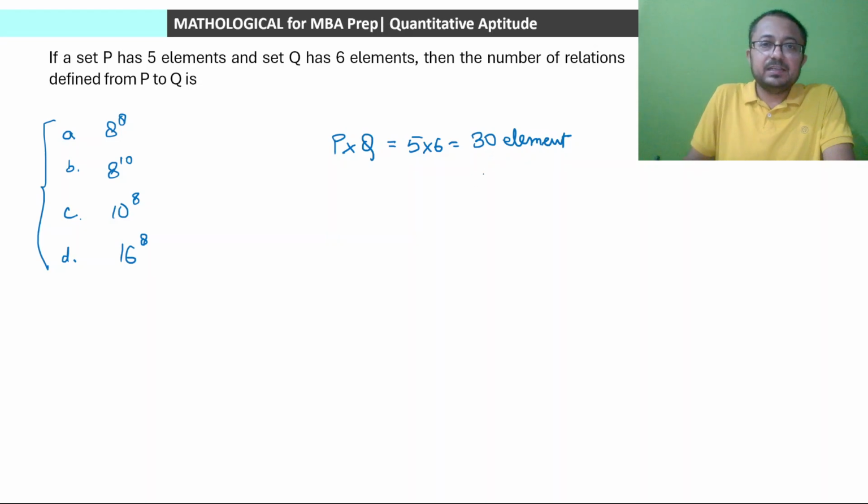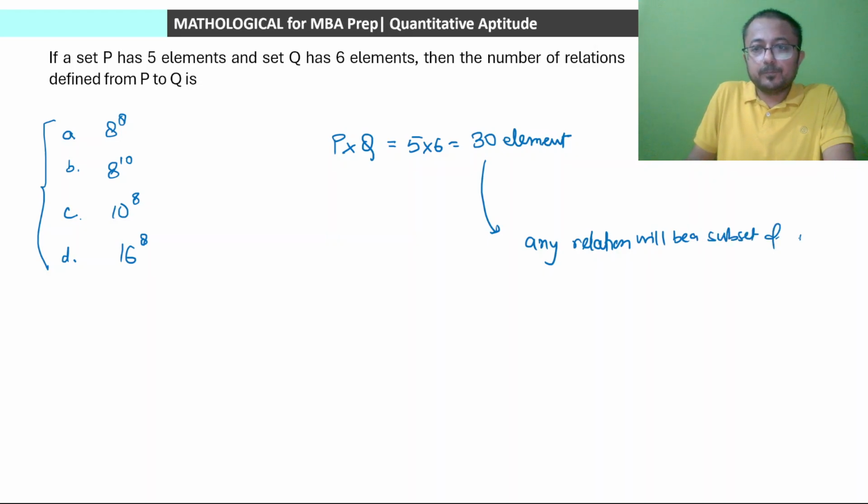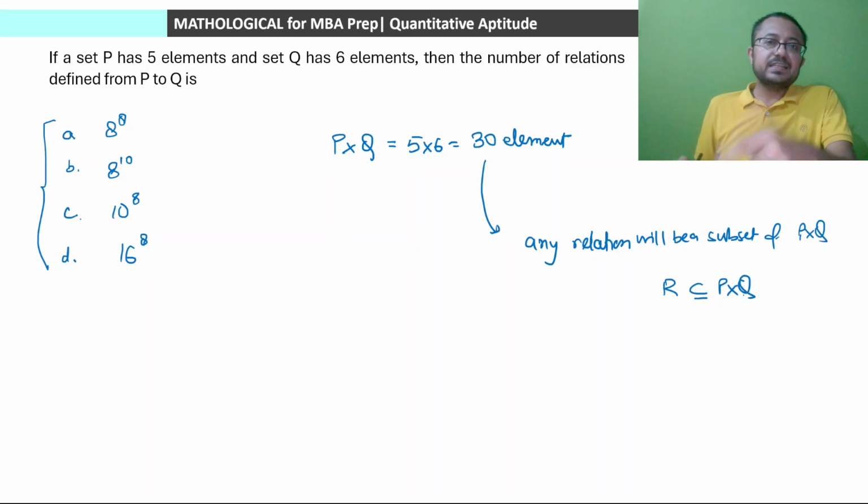And any relation will be a subset of P cross Q. So any relation can have maximum 30 elements, और हर एक एलिमेंट के there will be two choices. So total possible number of relations will be equal to 2 to the power number of elements in P cross Q, 2 to the power 30.